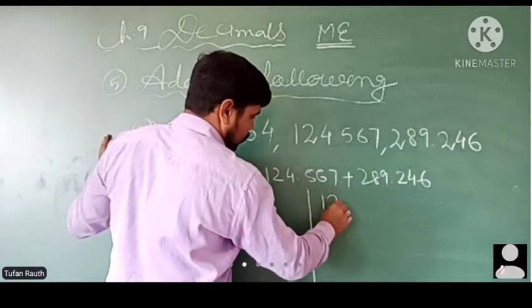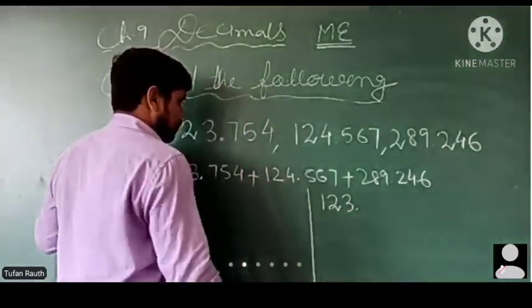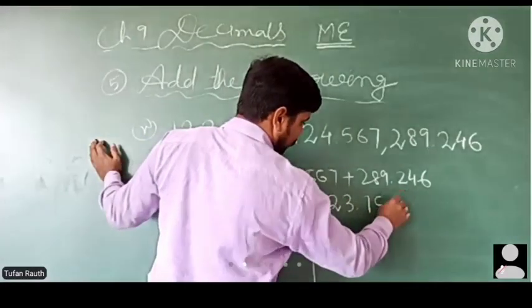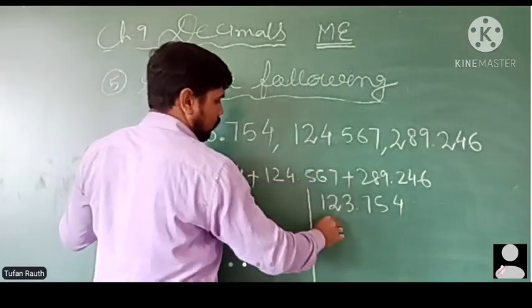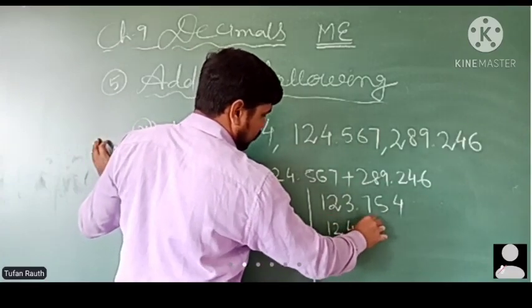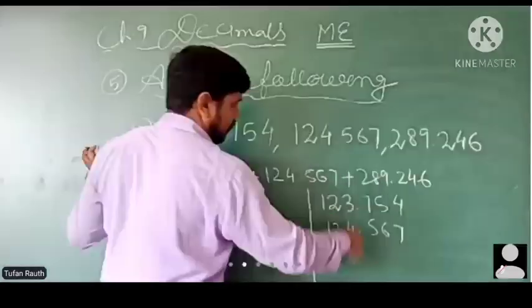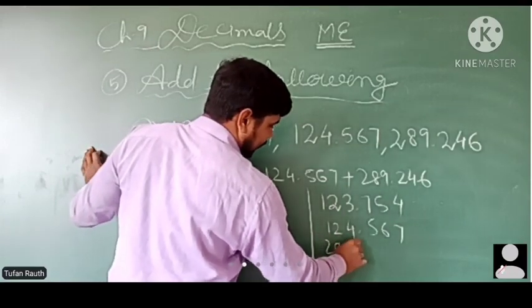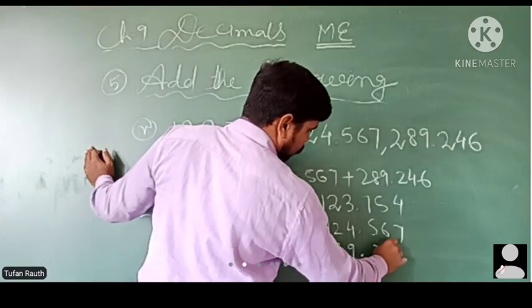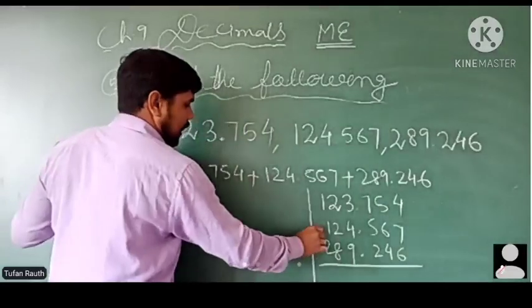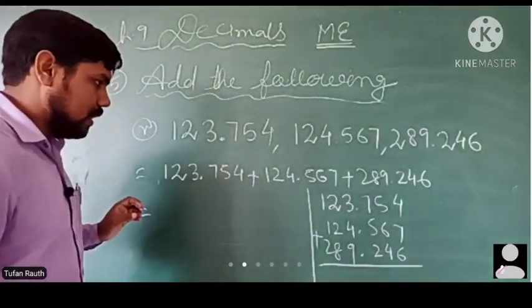So 123.754, then 124.567, then 289.246. Now we will add all this.